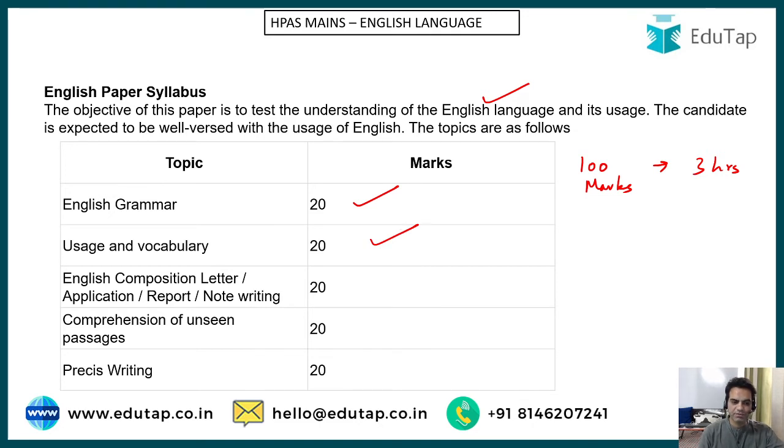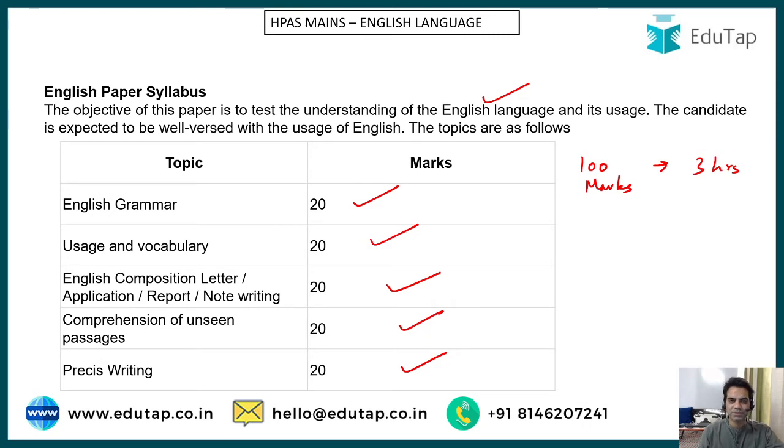Then there will be business communication, that is composite letter writing, application writing, report writing or note writing. Then 20 marks for comprehension passages and 20 marks for precis writing. These are the basic 5 verticals that would be given to you in the exam. There would be 7 questions in the paper, and you'd have to frame your answers on the basis of the questions.